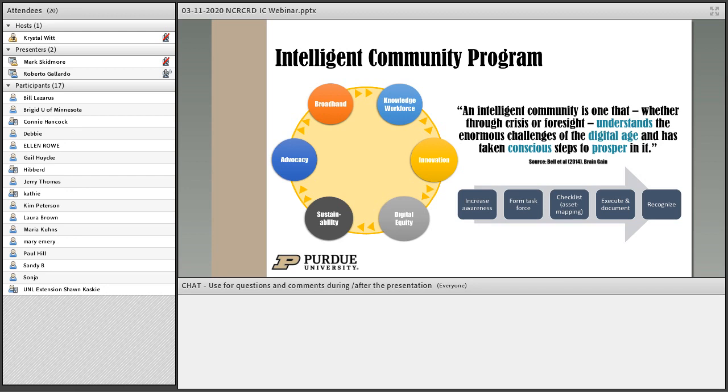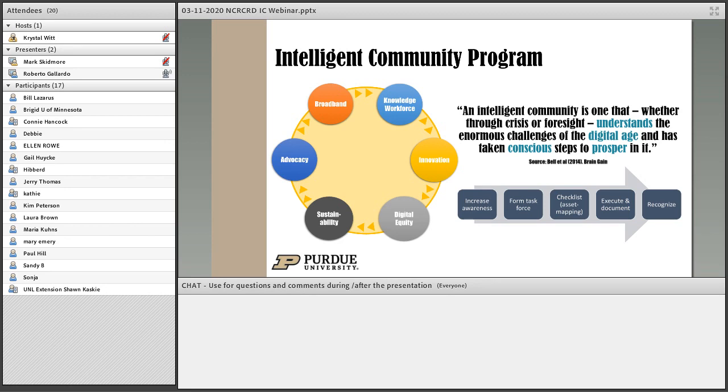This one to me has been the best way to, and I hate this academic word, operationalize that digital inclusion concept, more so from a community development perspective. This is the best way I've found to do so, is to embed this into a self-help community development approach, asset mapping. And so the first thing you've got to do is increase awareness, talk about the trends, the potential, what communities are missing.